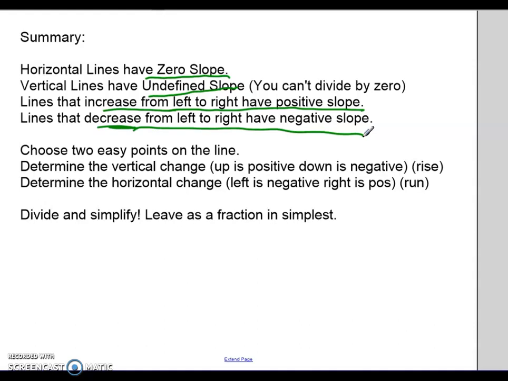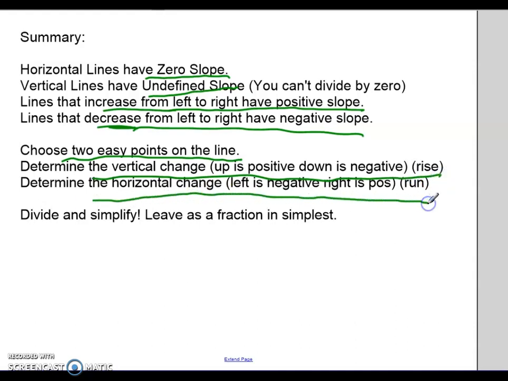And then to calculate the slope from the graph, you're going to choose 2 easy points on the line. Find the vertical change. Up is positive, down is negative. Determine the horizontal change. Left is negative, right is positive. And then divide and simplify the fraction. And for us, we will leave the fraction in simplest form.